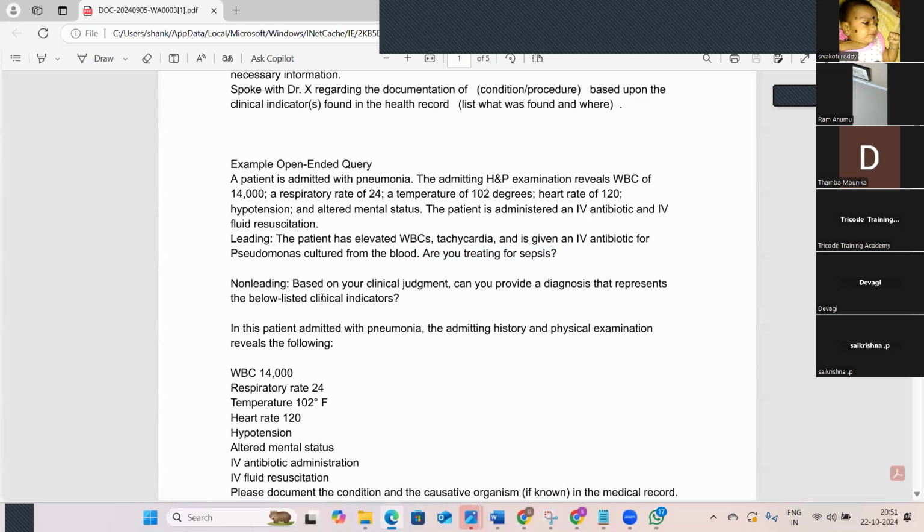So we need to ask non-leading: based on your clinical judgment, can you provide a diagnosis that represents the below listed clinical indicators? This is the open-ended query, and you're not giving any options here. Below means the indicators are mentioned below; if you provide the indicators above, you ask about the above listed clinical indicators.